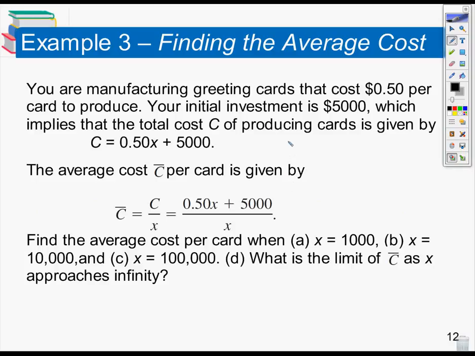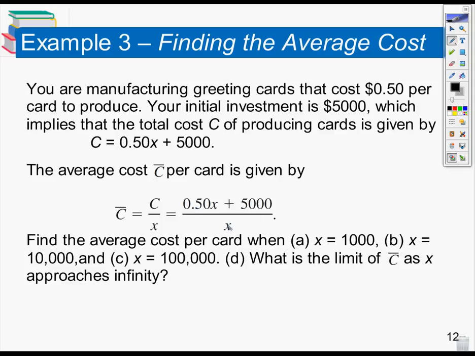So here we have an example of a rational function. It's just a little story saying that you're manufacturing greeting cards and they cost so much to make. You're going to invest $5,000, and this is kind of your formula for how much it's going to cost you altogether. And when we create a function that shows the average cost of making these cards, it turns out to be a rational function, 0.5x plus 5,000 over x.